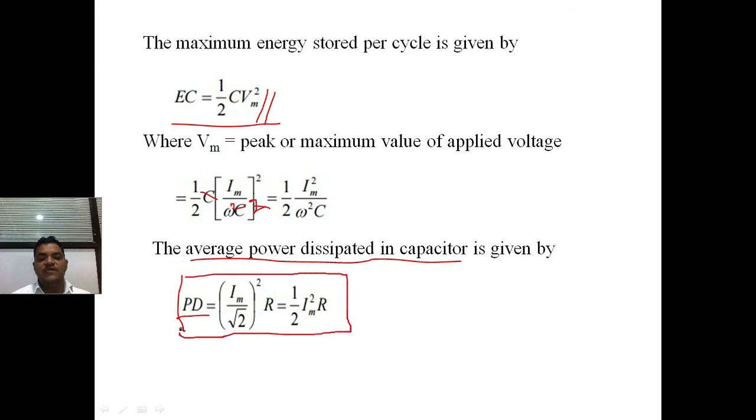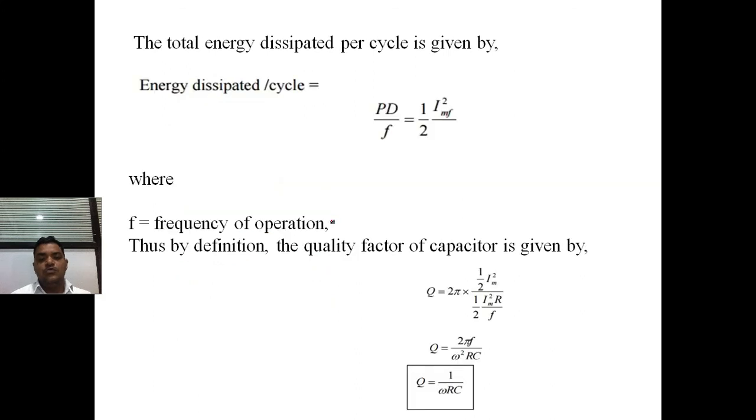And the maximum energy stored per cycle is given by 1 upon 2 Im square upon omega square C. So the total energy dissipated per cycle is equal to the power dissipated upon the frequency, which is 1 upon 2 Im square R upon f. So f is the frequency of the operation.